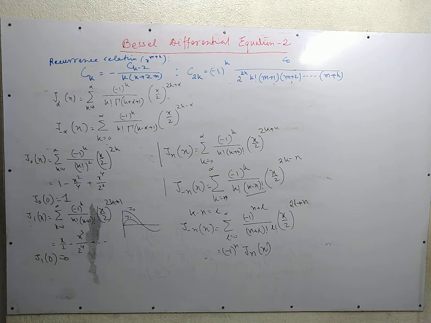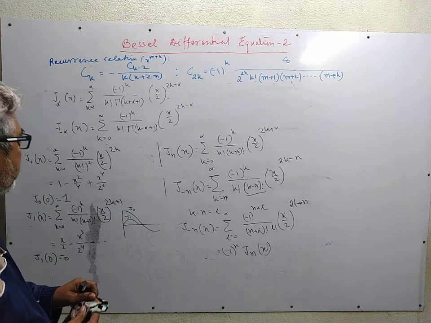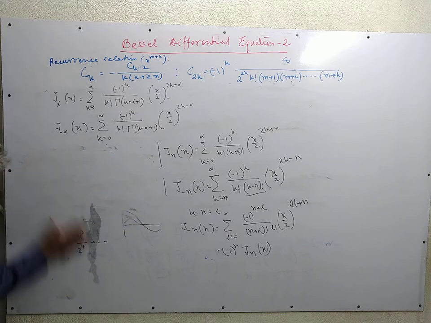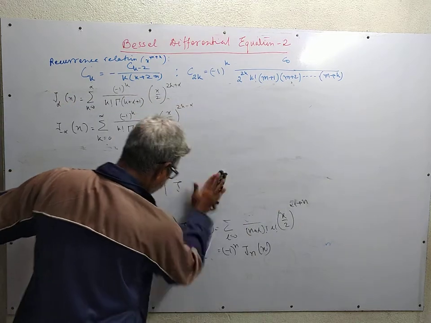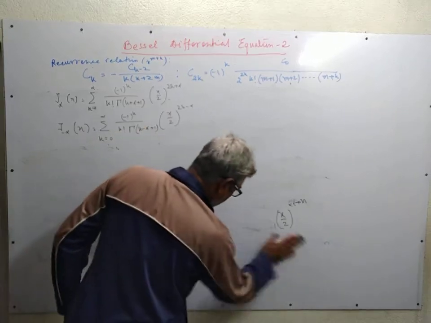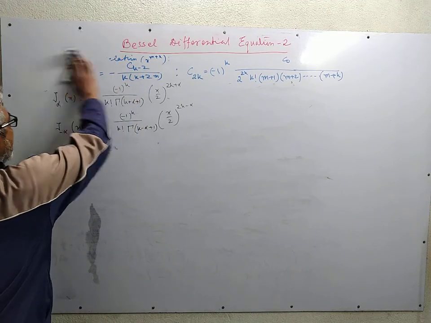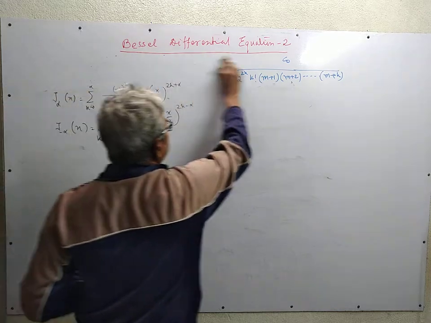Now coming to the Bessel function of fractional order, we shall consider this series expansion, and we shall consider few special functions. So these two relations will be of use, so we write this for future use.